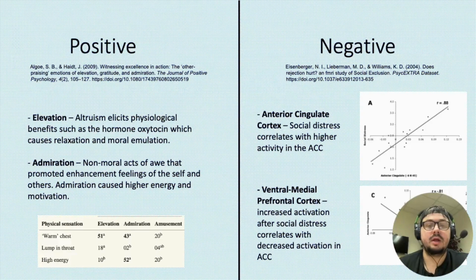In this experiment, social rejection actually caused more activation in the anterior cingulate cortex. In another experiment, where they measured afterwards, the activation in the anterior cingulate cortex decreased as activation increased in the ventral medial prefrontal cortex.